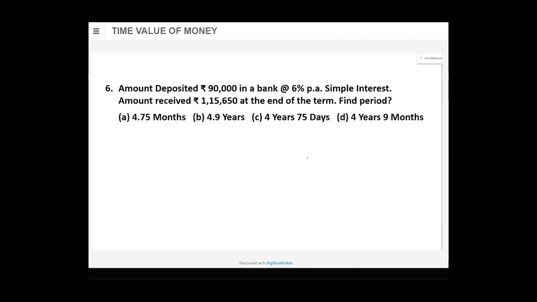What are the others doing? Very few replied. Now let me tell you, I'll not give you the answer directly. Majority of you have done it wrongly. Here, how is the rate of interest given? PA. What do you mean by PA?